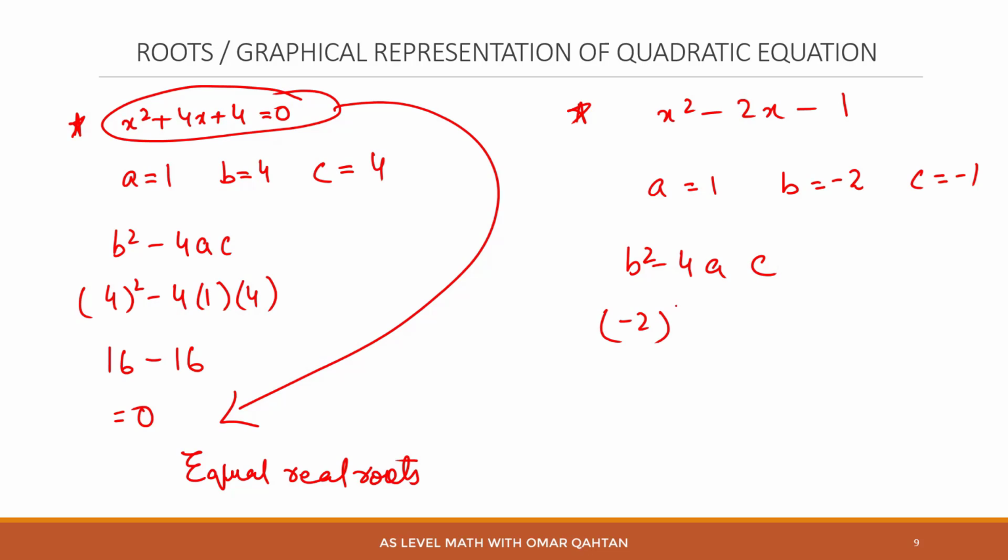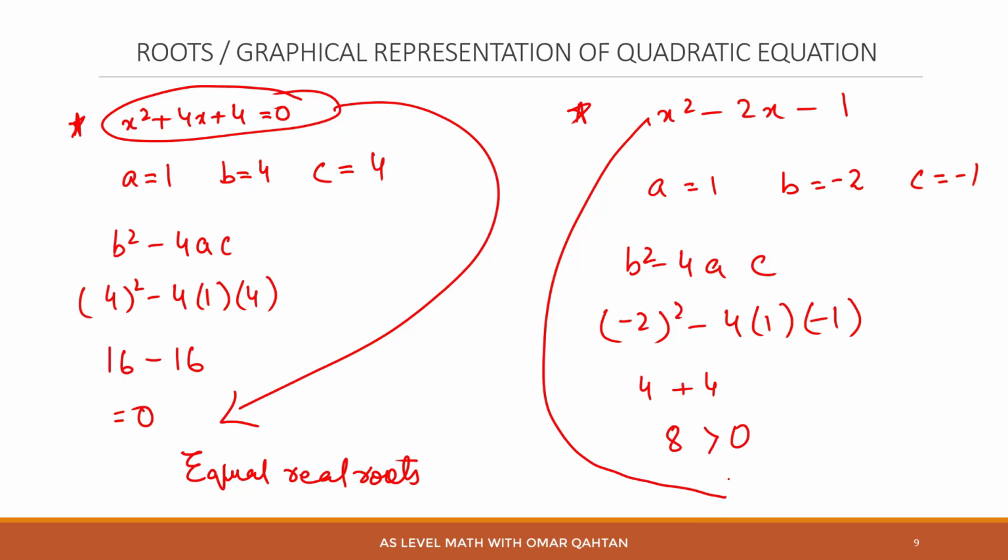So minus 2 square minus 4 times 1 times minus 1, which is 4 plus 4, and this is 8, which is greater than 0. So it means that this equation is going to give you two distinct real roots.